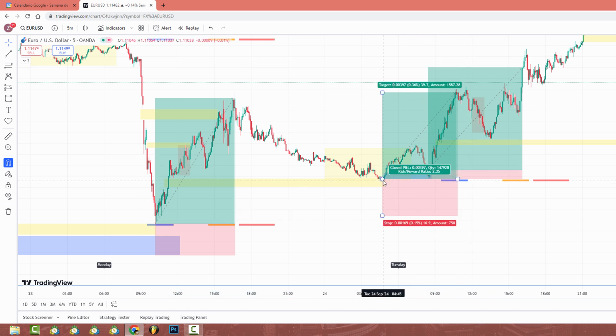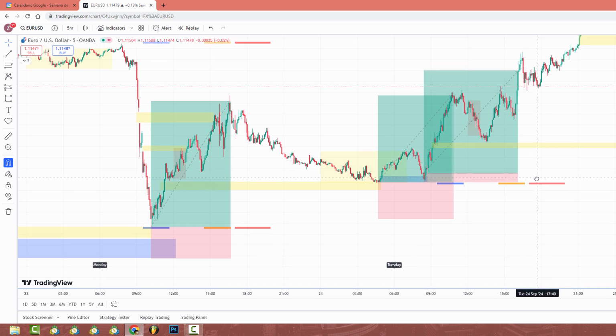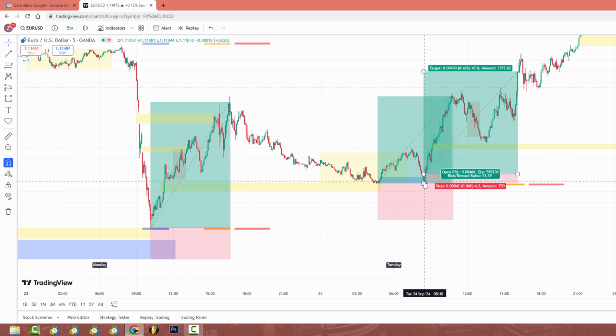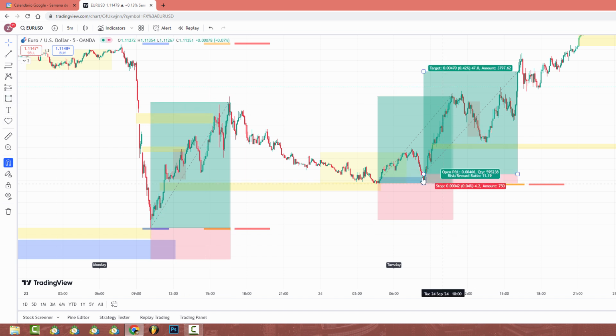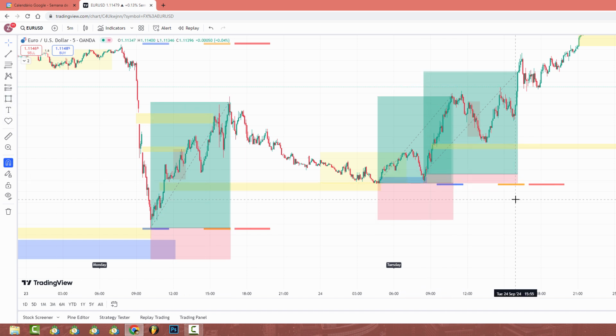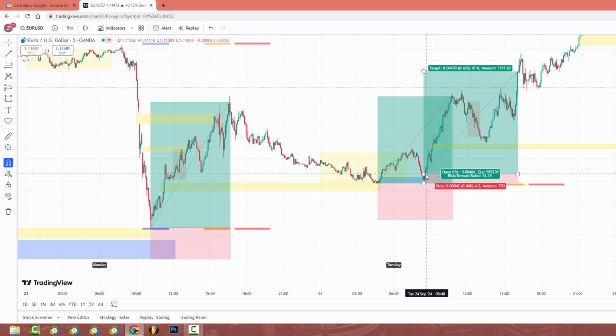And then if you didn't want to take it aggressively in here, you could wait for price going up, showing some interest in going up, breaking structure, coming to retest the POI, and you could enter here. Or even you could have waited for the POI retest and then another break of structure here to then long it.